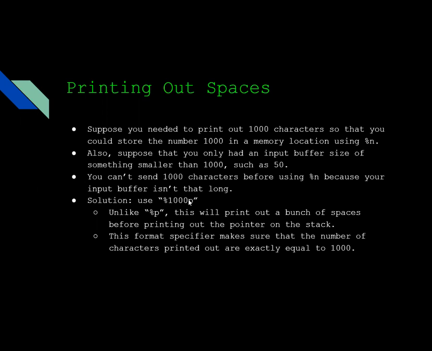So if the pointer is, let's say, 10 bytes of memory, we have 2 bytes for the 0x that comes before the pointer, and then 8 bytes of the pointer itself. Then it's going to print out 990 spaces right before that so that it gets aligned to 1,000 characters. And that way you print out exactly 1,000 characters.